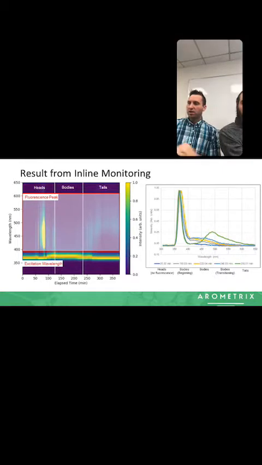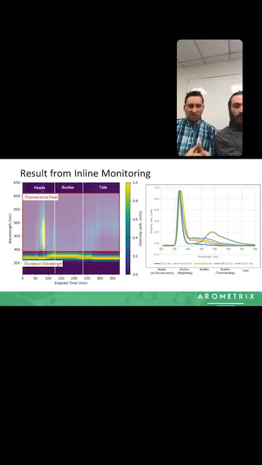Finally, and this is really interesting in the color plot, if you look at the tails, you'll see this blue swath that starts to come up and move higher and higher in wavelength, and then there's a slice of just tails, that's the green at 350 minutes. What that's showing is that there are these distinct signatures of heads, bodies, and tails corresponding to the same HPLC results and the benchtop results that we ran.